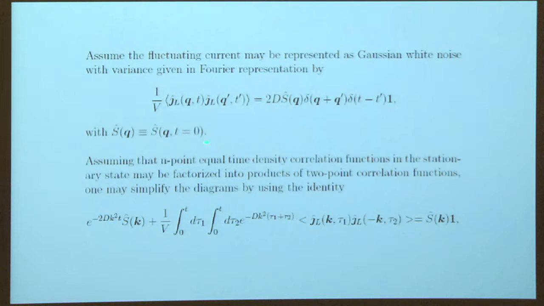Now, assume that the multi-point equal-time density correlation functions may be factorized into products of two-point correlation functions. That is exact when you have Gaussian statistics, and it will be the dominant contribution even in the case that you don't have Gaussian statistics.